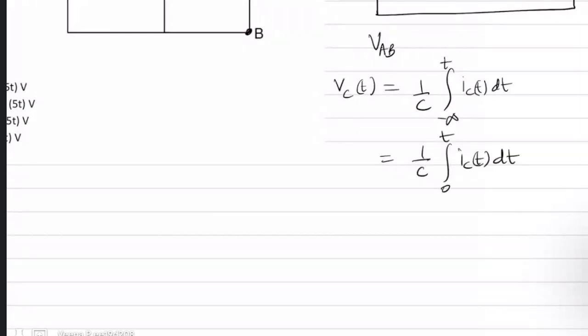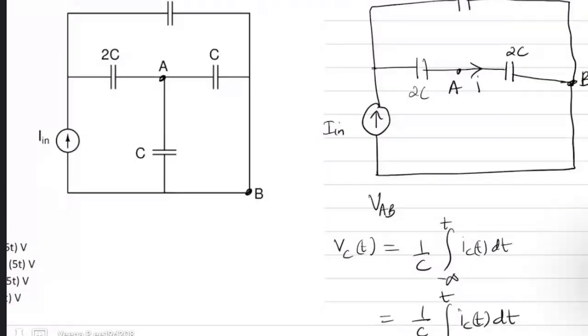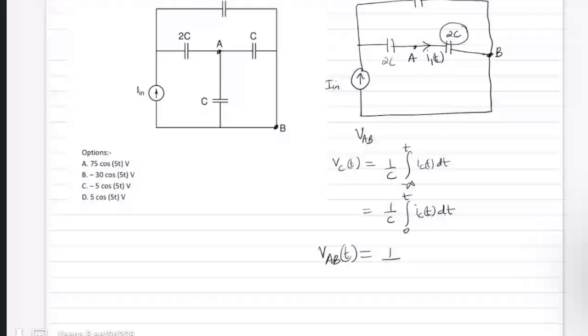So what is Ic of t in our case? Ic of t is the current through this branch. Let it be I1 of t. So the voltage across AB at any time t is 1 by 2C integral 0 to t I1 of t dt. Is there any doubt till here?